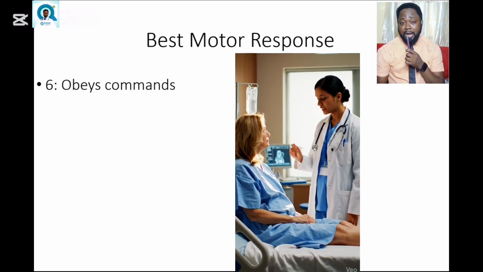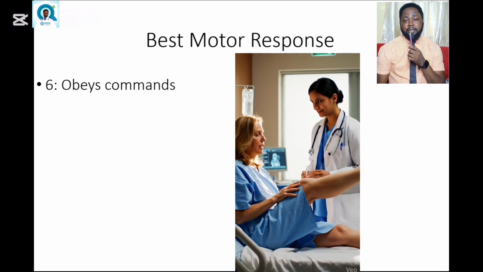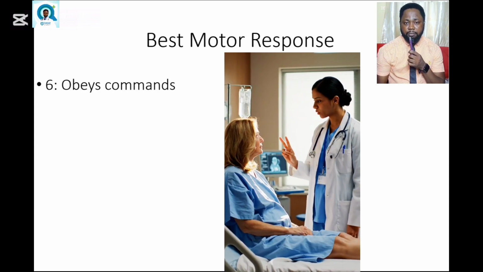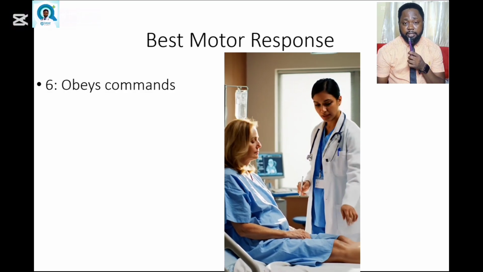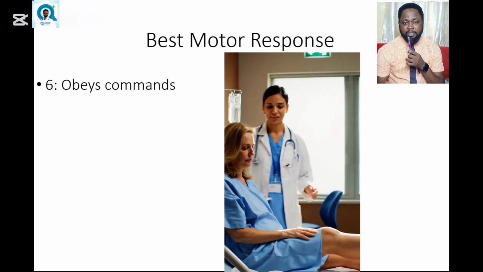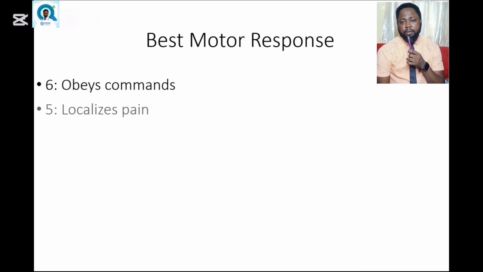This is as simple as it sounds. The patient obeys reasonable commands given to them, such as raise your hand, stand up, and turn to the right side, etc. The score of 5 is given when the patient localizes pain.